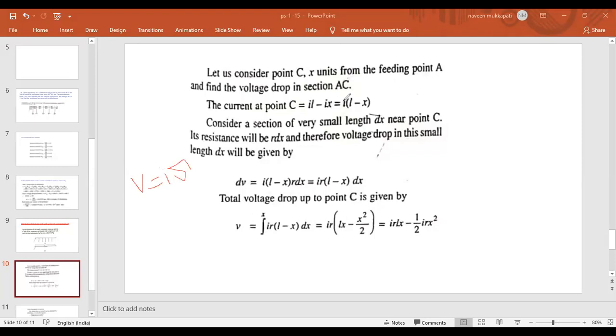The current at point C is I into L minus X.